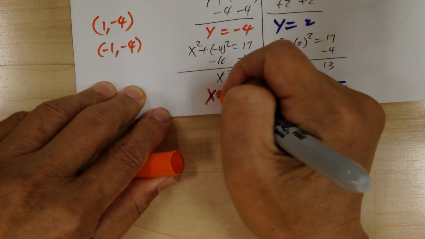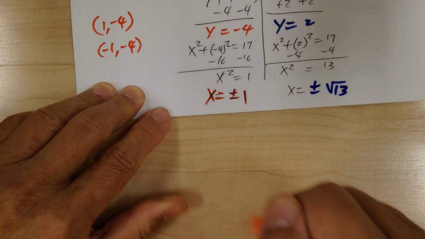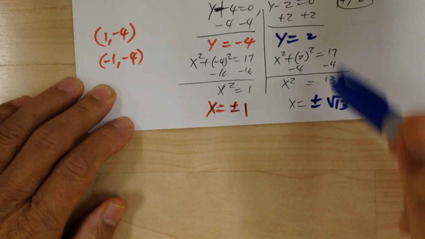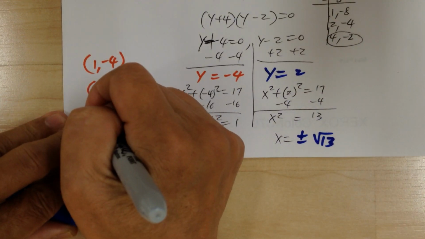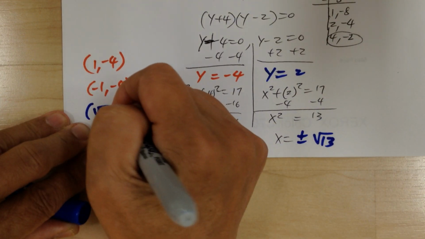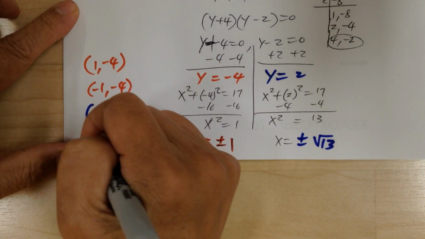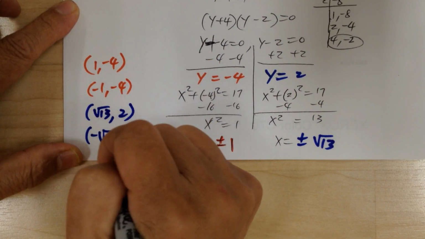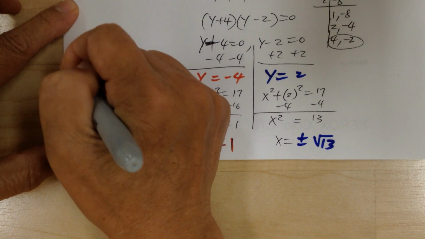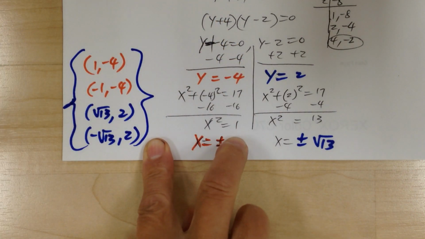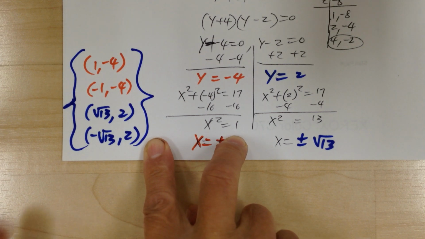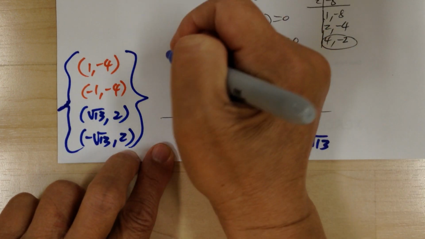Okay, so from here, again, you have to pair this up with that. So you're going to get square root of 13 comma 2, and negative square root of 13 comma 2. Okay, and so that is your solution set. And if you look for the answers, this would be answer D.